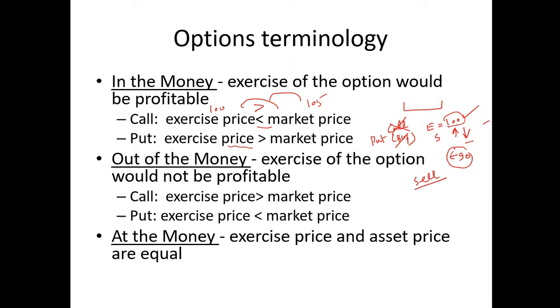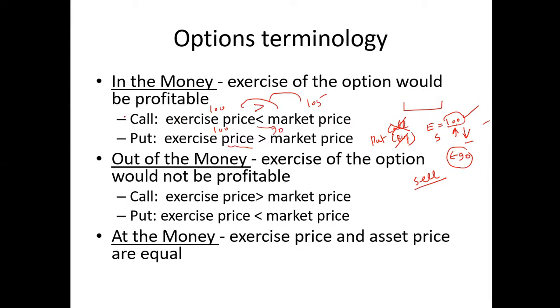Whereas by holding the put option, you get the exercise price of 100, so you will get a profit. That is why it is written there: exercise price is greater than market price, 100, and market price is lower.